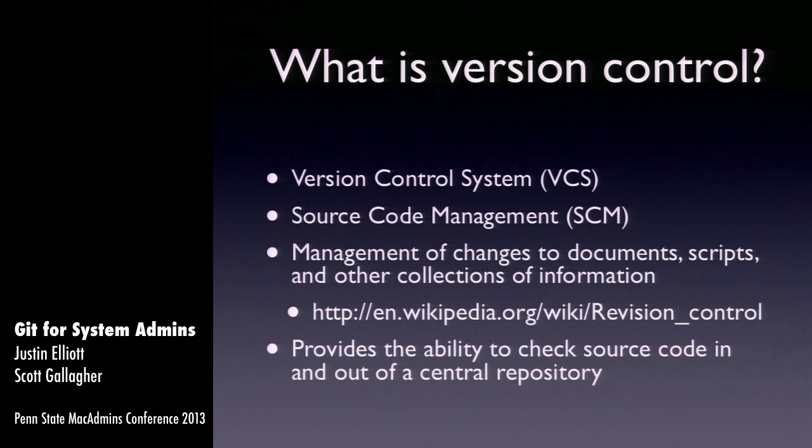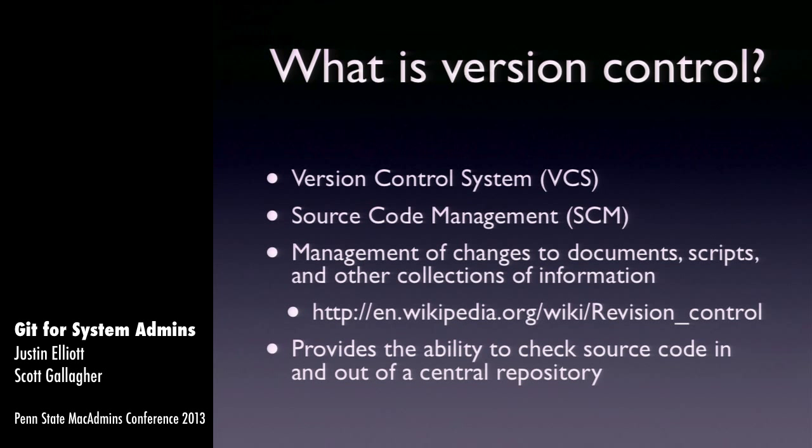You're able to revert back to old code, and to manage the changes of your documents, your scripts, pretty much anything text-based. I think you can use Git or some type of version control for that. We have the link up there, so if you want a broader explanation of revision control, you can visit the wiki link.